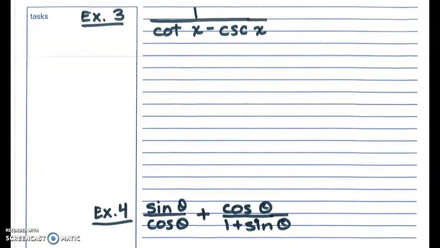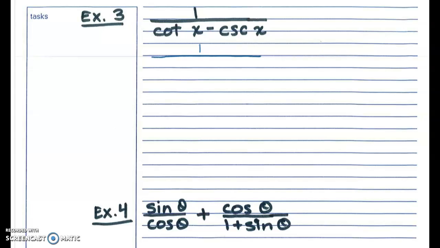All right. So now we have some subtracting going on in the bottom. That's okay. A first good strategy is to change everything to cosine and sine. So what do we know about cotangent? Cotangent, I'm looking at my reciprocal identities.